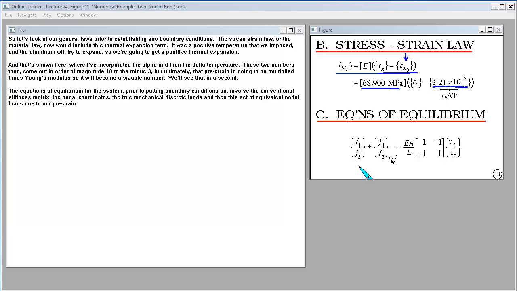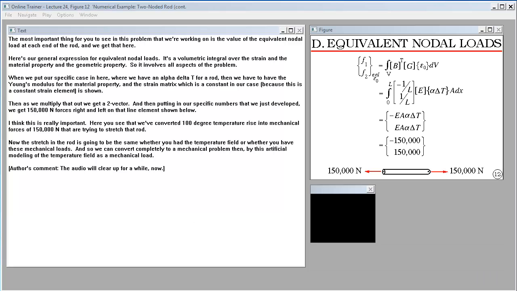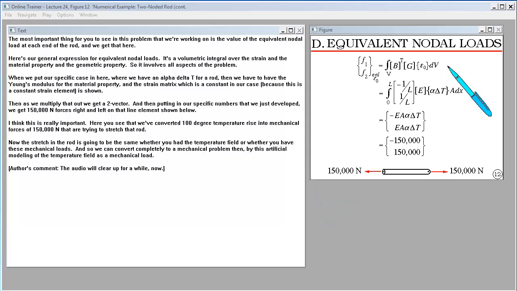The equations of equilibrium for the system prior to putting boundary conditions on involve the conventional stiffness matrix, the nodal coordinates, the true mechanical discrete loads, and then this set of equivalent nodal loads due to our pre-strain. The most important thing for you to see in this problem that we're working on is the value of the equivalent nodal load at each end of the rod, and we get that here.